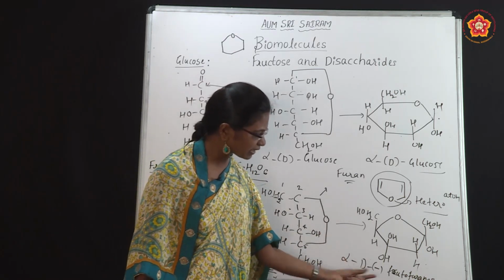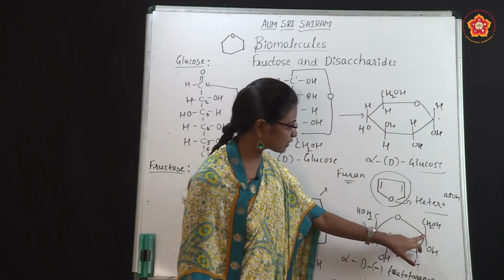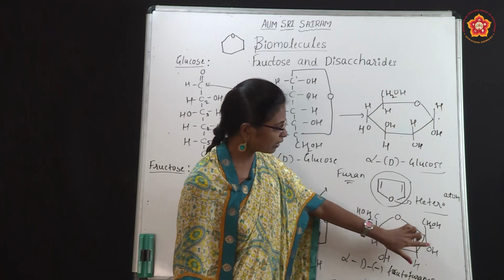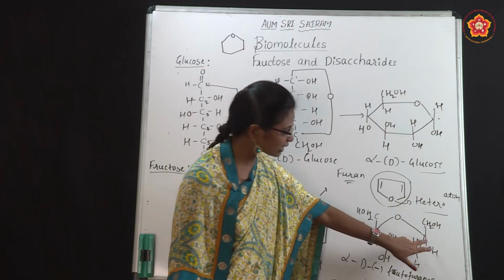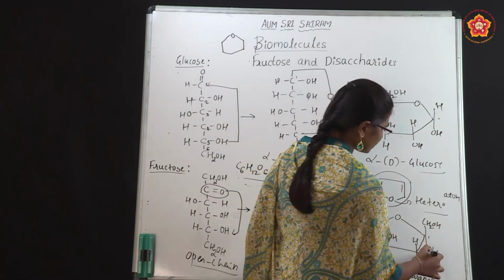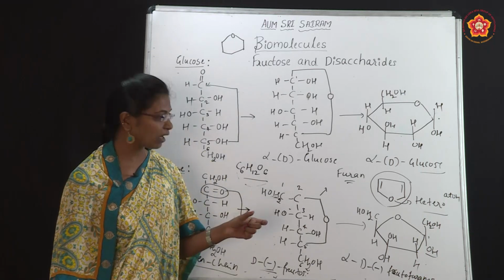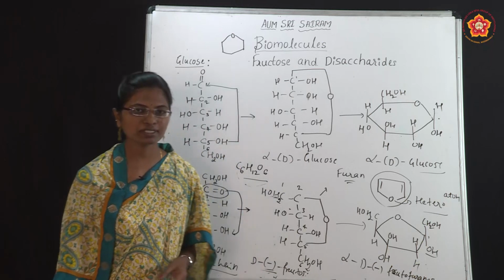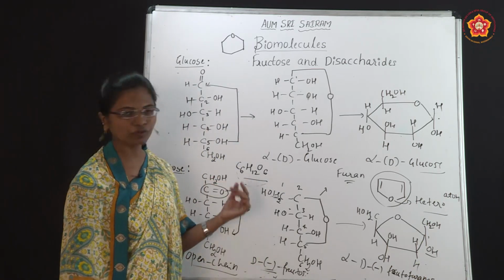This is alpha D fructofuranose. Beta means at carbon atom 1 the position of OH and CH2OH is changed, that is beta D minus fructofuranose. Okay, this is all about the structure of fructose.